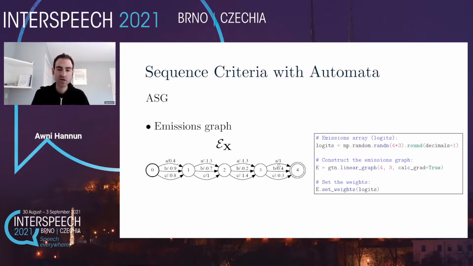This is called the emissions graph. And these scores come from, say, a neural network. The neural network takes as input some speech, and for each frame it produces a prediction of some scores for all possible output tokens. This is just an example of the code here on the right of how we can construct that, where the logits are in this case random, but normally they would come from some kind of a model.